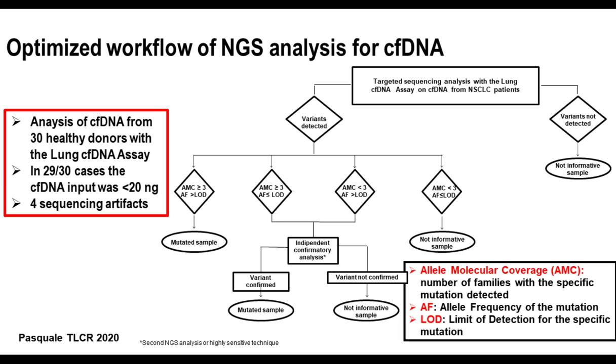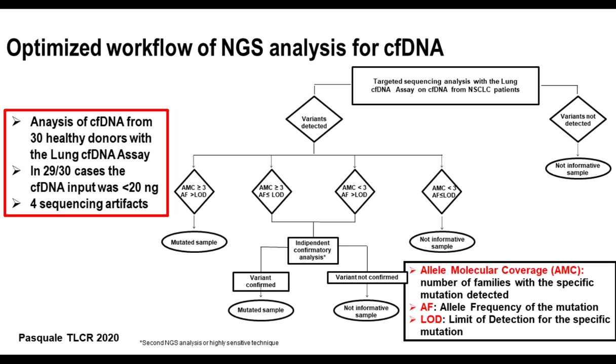Since we identified some sequencing artifacts, we noted that they could not be identified in the repeated analysis and they were not confirmed by droplet digital PCR testing. And so what we did was to develop an algorithm based on allele molecular coverage, the allele frequency, and the limit of detection for specific mutations that allowed us to distinguish between true mutations and sequencing artifacts.